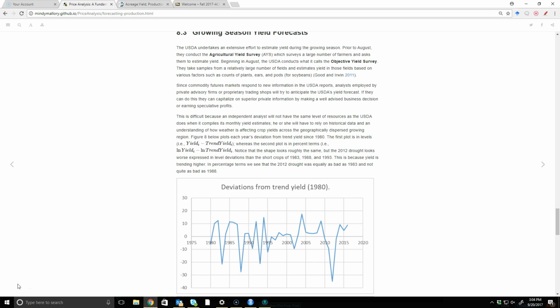And there are two main ways you can look at that. You can look at deviations in levels, that's what I've got pictured here, and percent deviations from yield, and that would be calculated instead of just taking the difference between yield and trend yield. You'd take the log difference between yield and log of trend yield, and that would represent a percentage change from the trend line.